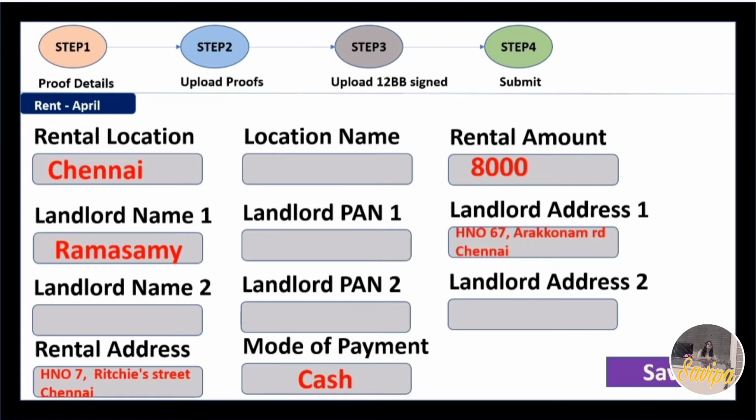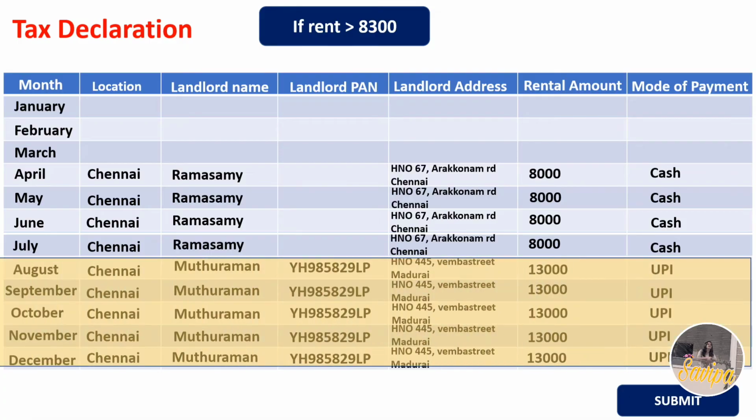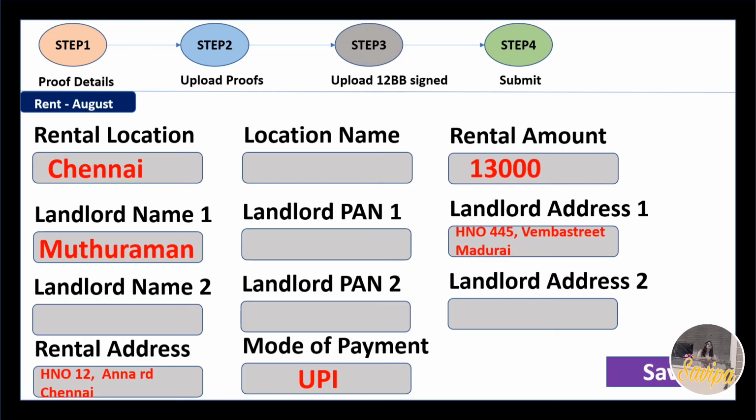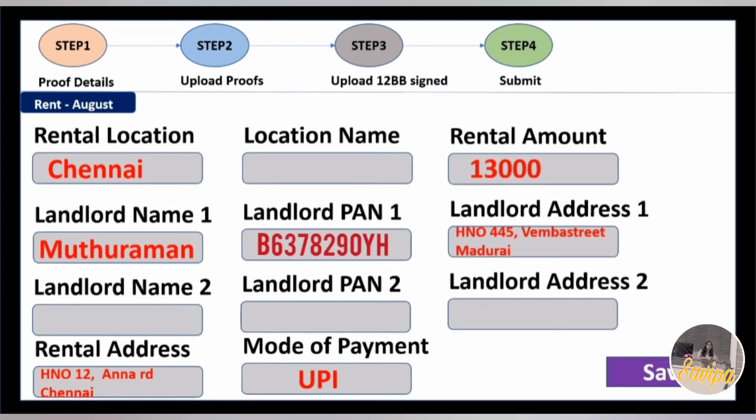From August to December it is different, so I'm going to fill in the same things again in step 1 of proof details. Here my landlord name is different and my rental amount became 13,000, and my landlord address also changed. My mode of payment is UPI, but I'm entering the PAN details of my landlord because the amount is more than 8,300.